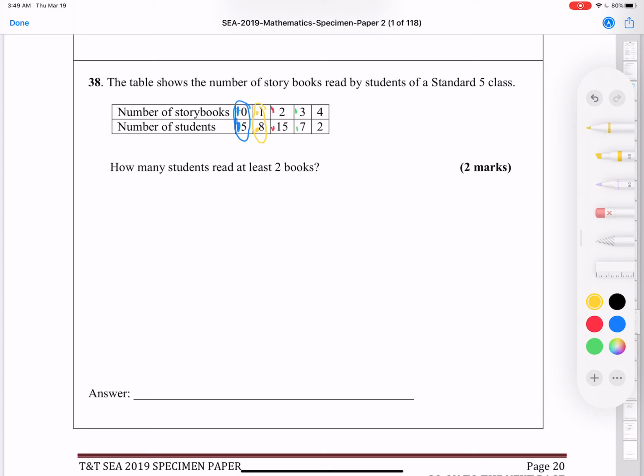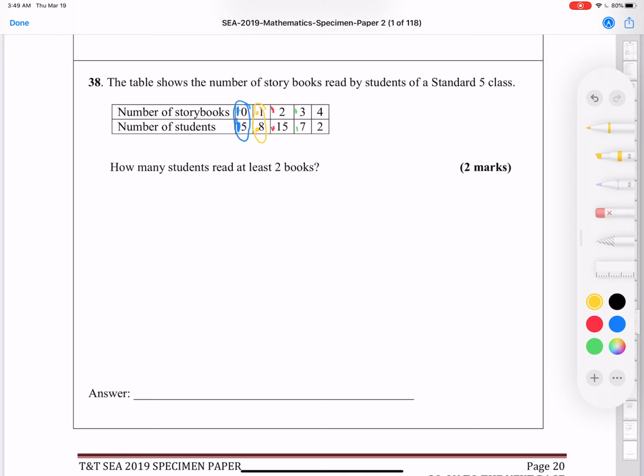No, they read 1 only. But the next category read 2 books, and the question said, at least 2 books. What does at least 2 mean? It means 2 and more than 2. So all the children who read 2, as well as the children who read 3, as well as the children who read 4 have to be included.